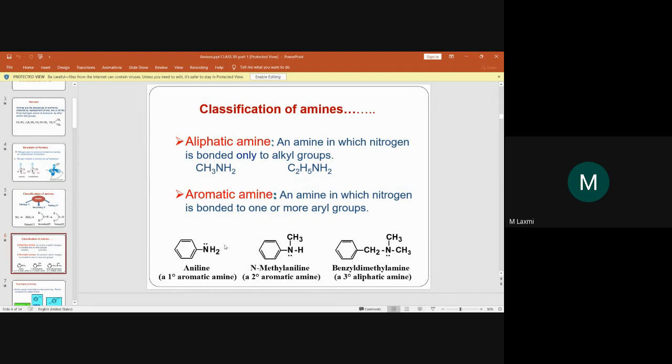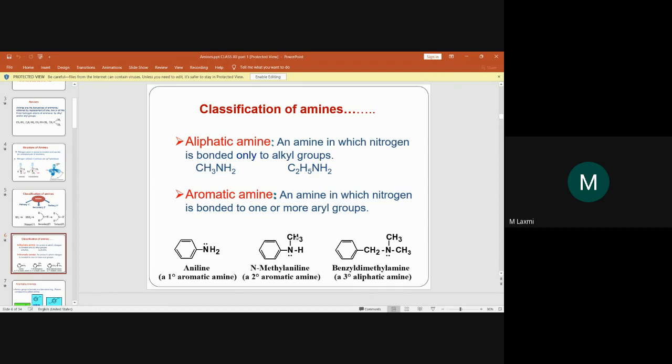So I'll call it dimethylamine or diethylamine where both R groups are the same. That is called simple amines. If the R groups are different, say, for example, here one R group is methyl and another R group is an aromatic ring, so here the two R groups are different. This is an example of a mixed amine.